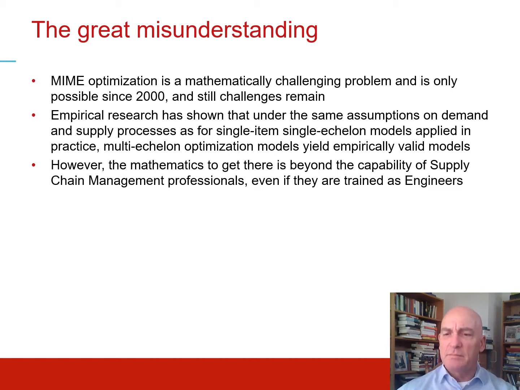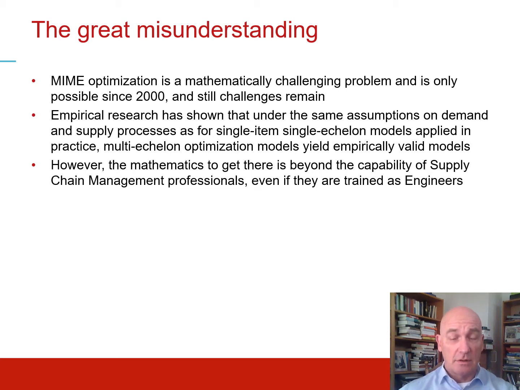And empirically valid means that I basically used historical data about inventory and about orders, yielding the average inventory for each item, the average order size for each item, and using that as a basis, together with the bill of material relationships, I could calculate customer service towards the customers of the supply chain, finding out that that was rather close to the actually measured service levels.